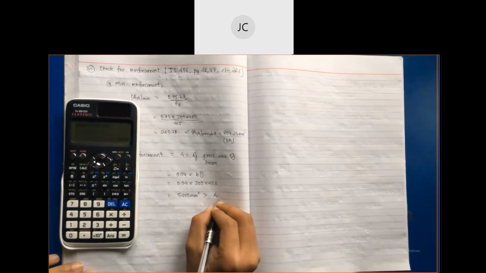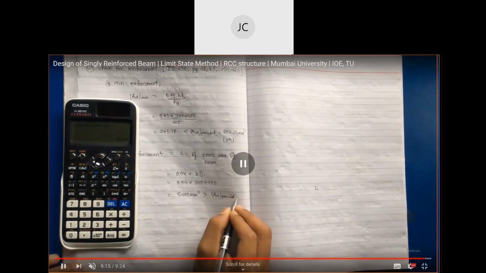We put all the values. You can see the maximum amount of reinforcement is 5400 millimeter square, but we are providing 804.24. That means our provided reinforcement is more than the minimum amount and less than the maximum amount. So our calculation is correct.